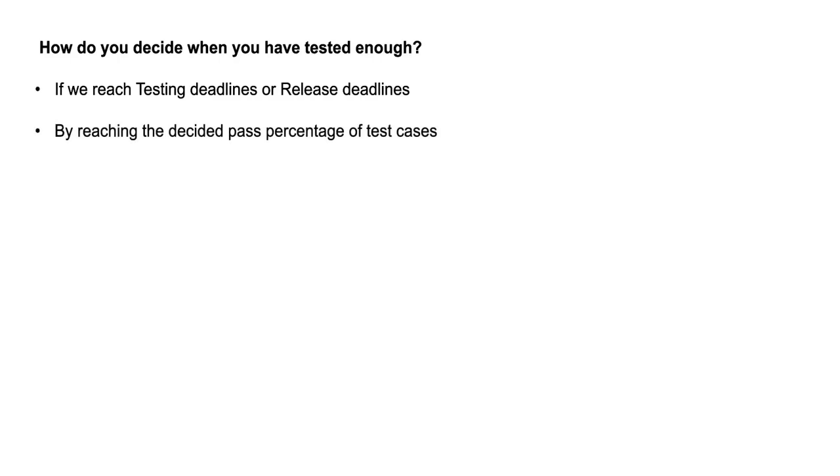By reaching the decided pass percentage of the test cases, how much maximum is passed, based on that we will decide whether we can move forward or not. If the risk in the project is under the acceptable limit.